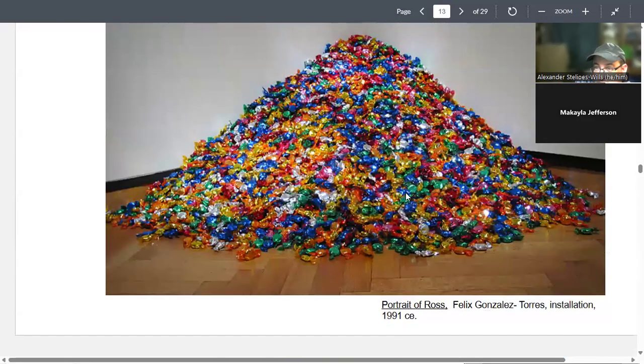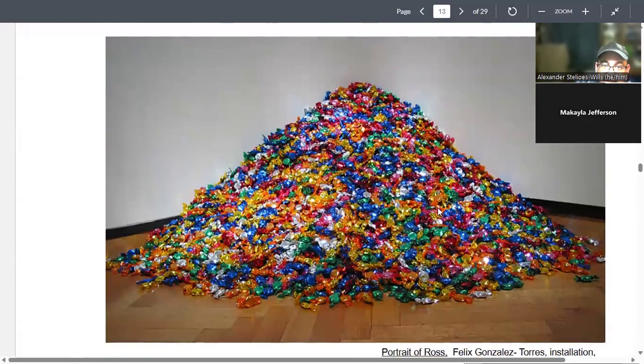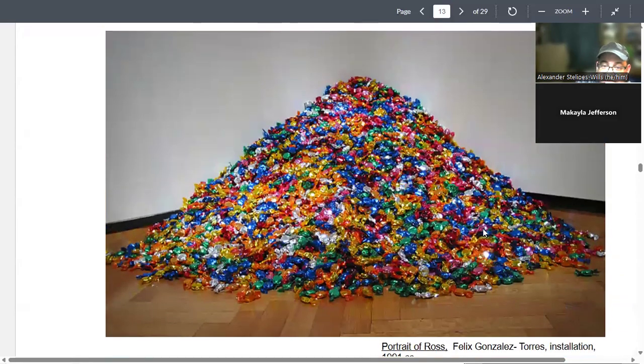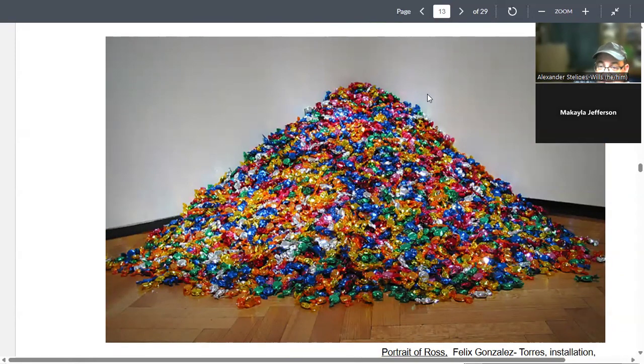Okay, Portrait of Ross. In the Portrait of Ross, first of all, it's an installation. So we actually already have that written right in the assignment of the piece. To get some extra points beyond that, you kind of have to just describe how the installation works: it's a pile of candy, the visitors come up, and the sign tells you everyone's supposed to take just one piece of candy.